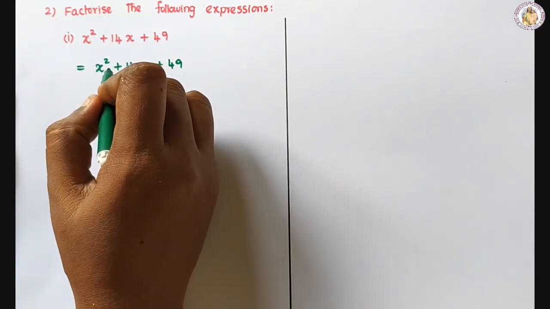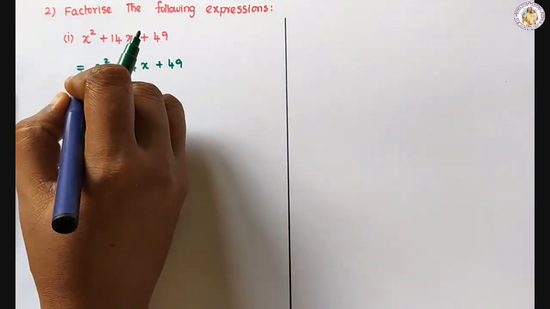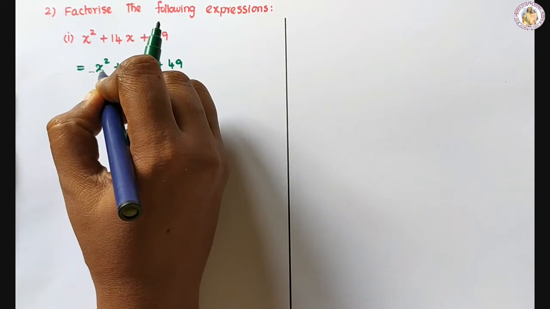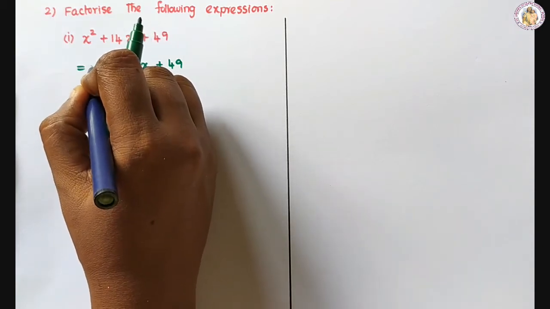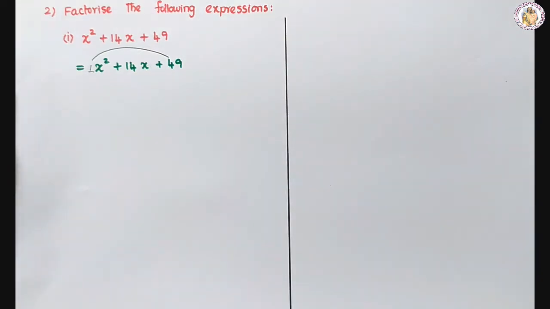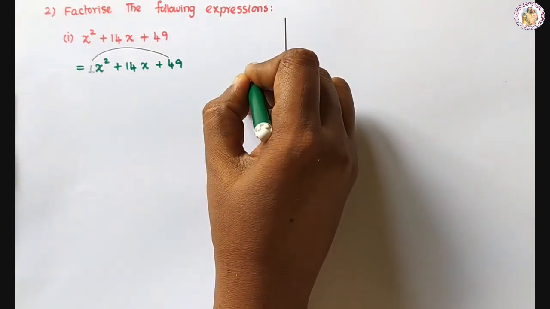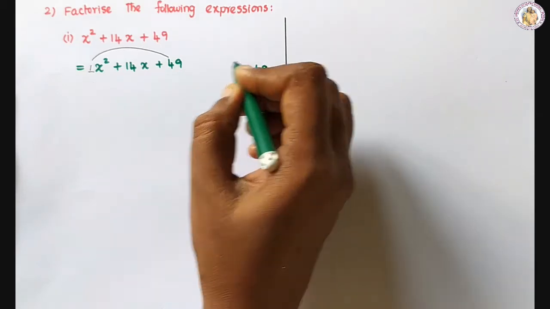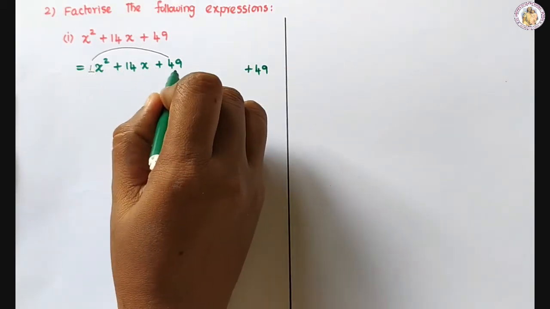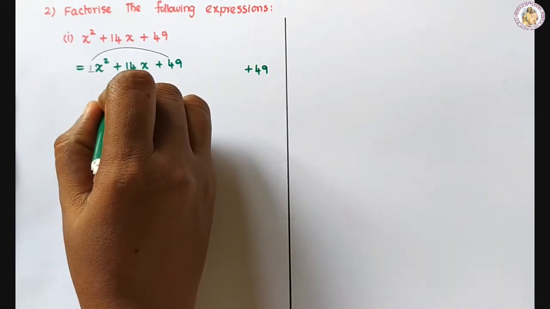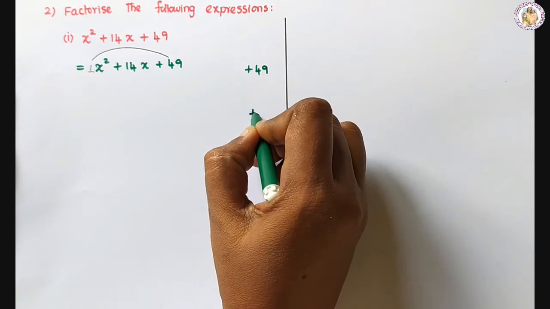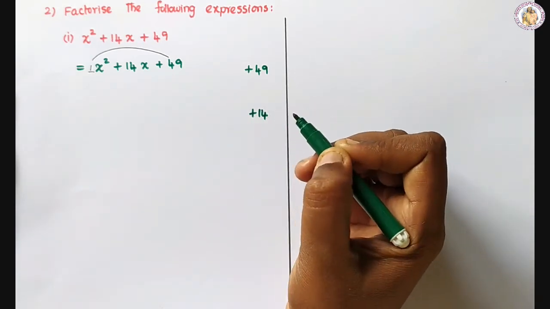Multiply that. What is the numerical coefficient here? 1. So 1 and 49, multiply that means plus 1 into 49, 49. And the numerical coefficient of x is plus 14.